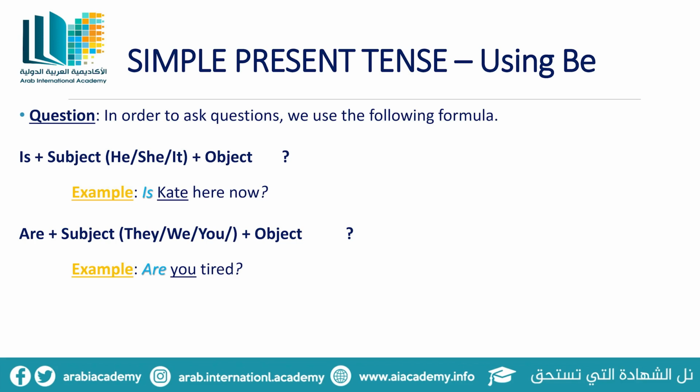So the question will be are plus subject plus object. Are you tired? This is an example. We started the question with are, since the subject is you, and then we added the object.